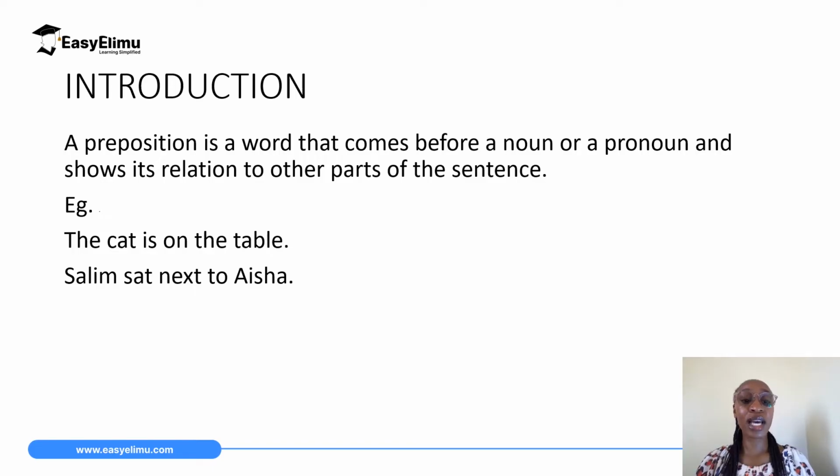When you say Salim sat next to Aisha, it is showing us the position of Salim in relation to Aisha. So prepositions show us the position of something in relation to another thing.